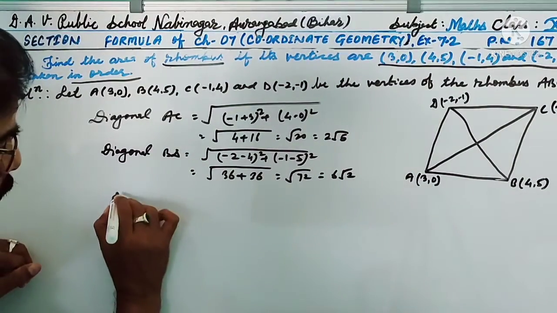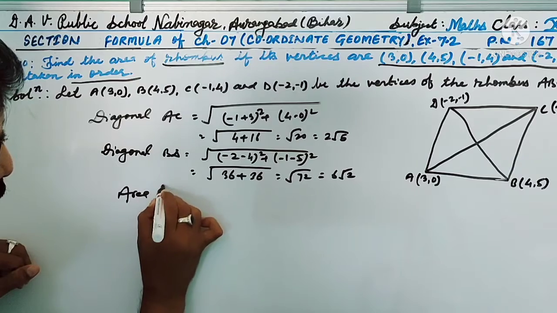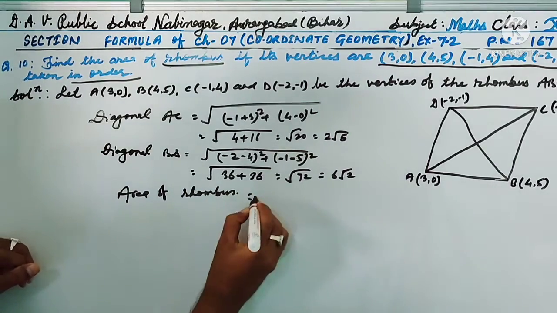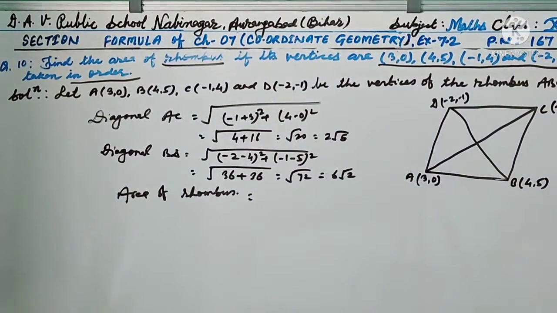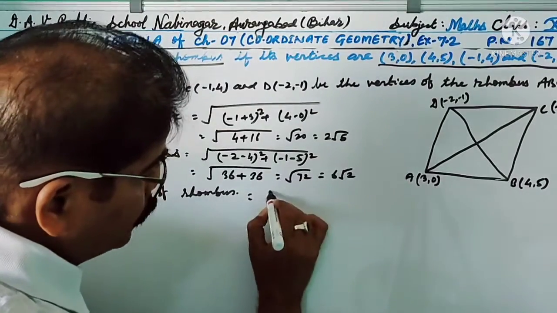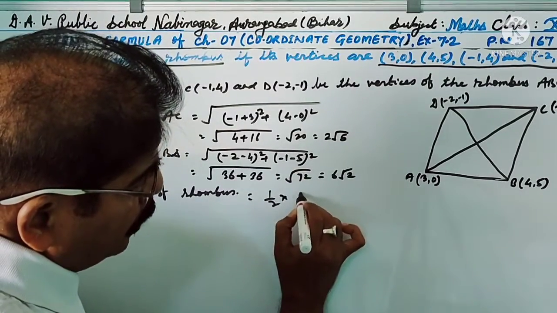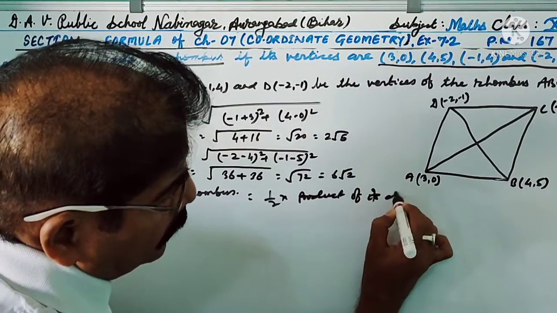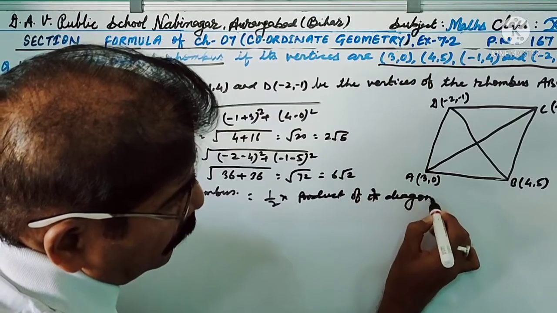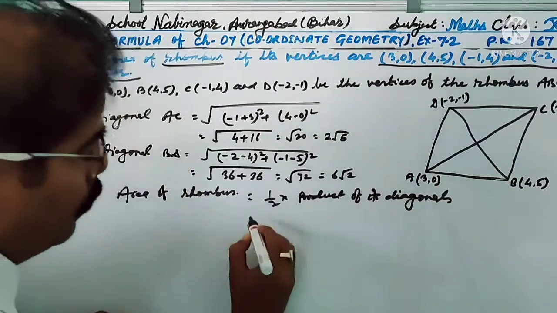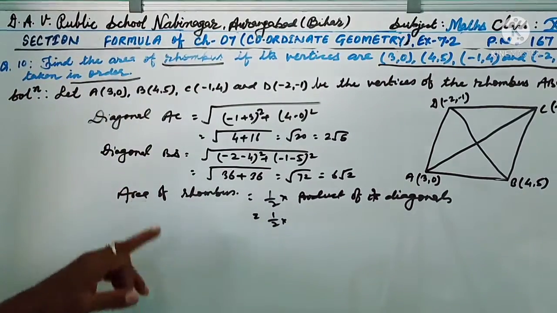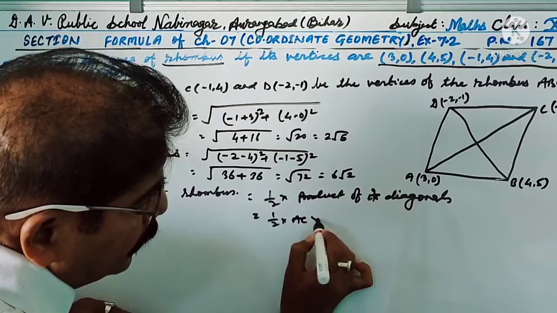So the area of the rhombus is 1 by 2 the product of its diagonals, that means AC into BD.